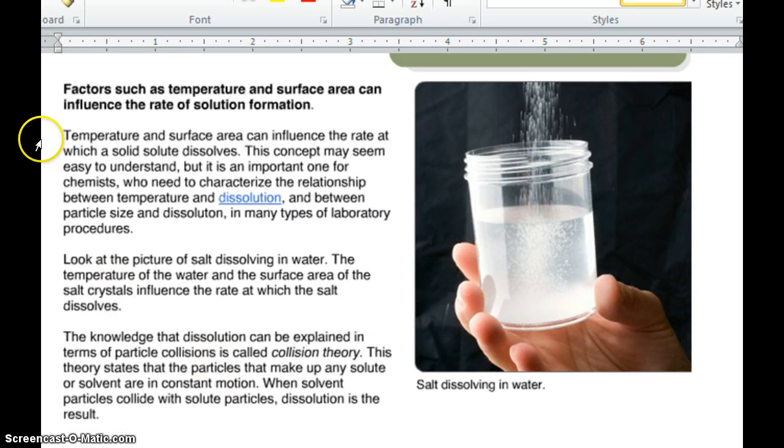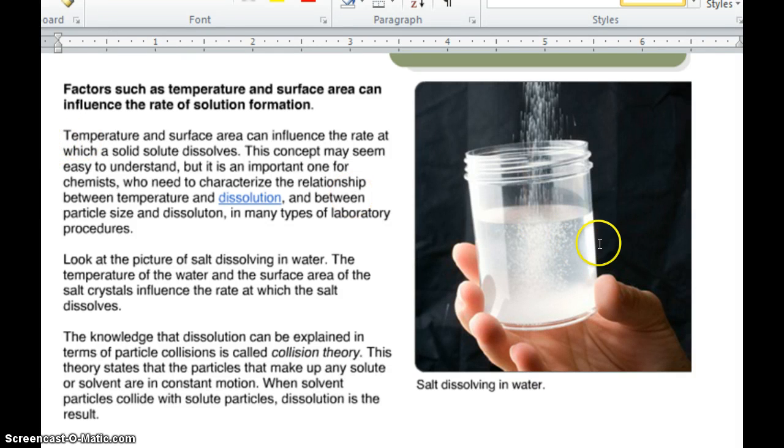Factors such as temperature and surface area can influence the rate of solution formation. Temperature and surface area can influence the rate at which a solid solute dissolves. This concept may seem easy to understand, but it is an important one for chemists who need to characterize the relationship between temperature and dissolution, and between particle size and dissolution, in many types of laboratory procedures.